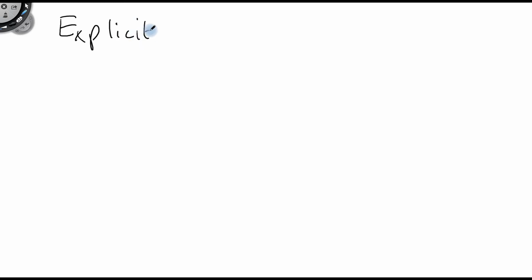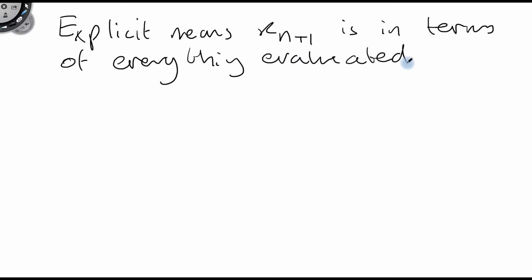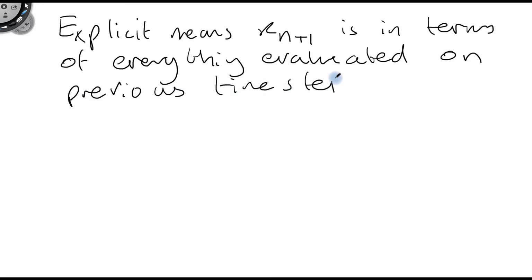So explicit means xn+1 is in terms of everything evaluated on previous time steps, e.g. n. Okay, so that's the explicit one.